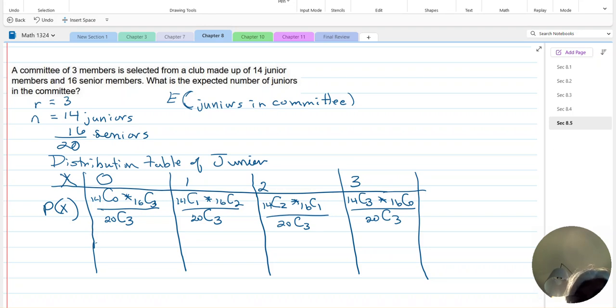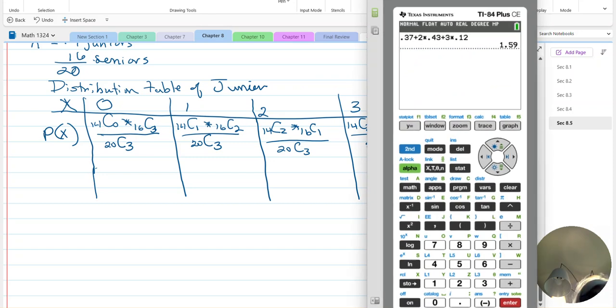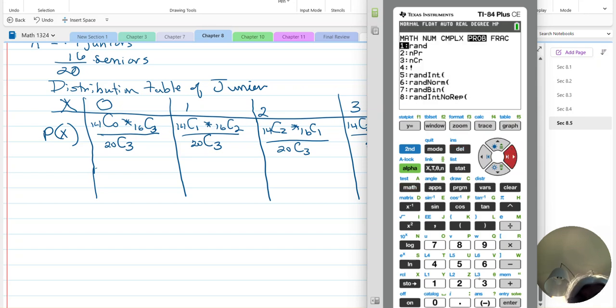Clear everything. 14 math, PROB, number 3, and we're choosing 0. Side arrow, times 16 math, PROB, 3, 3.